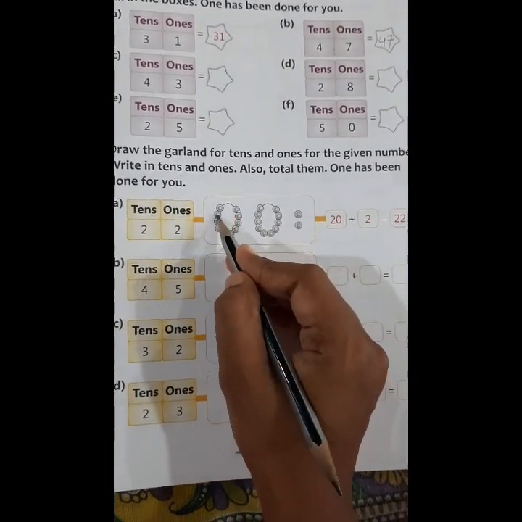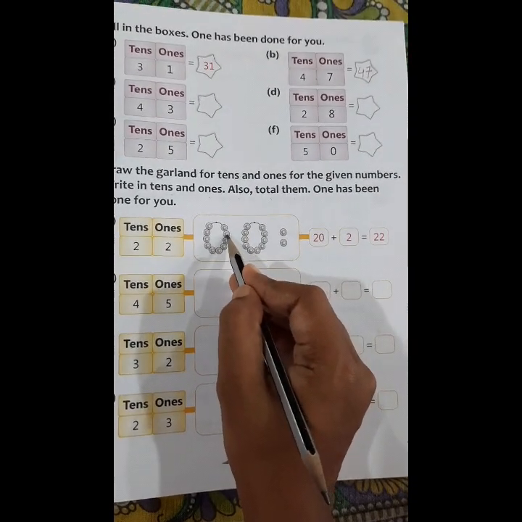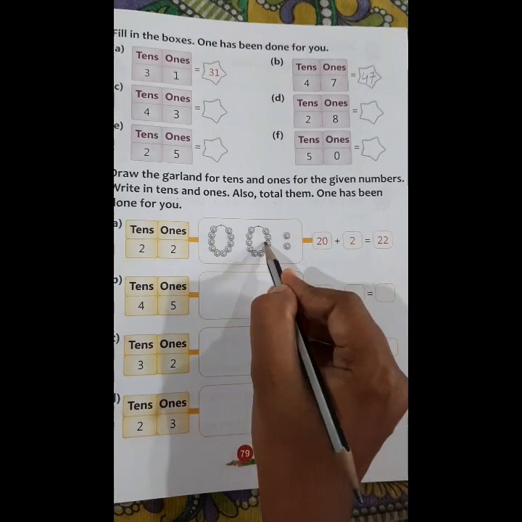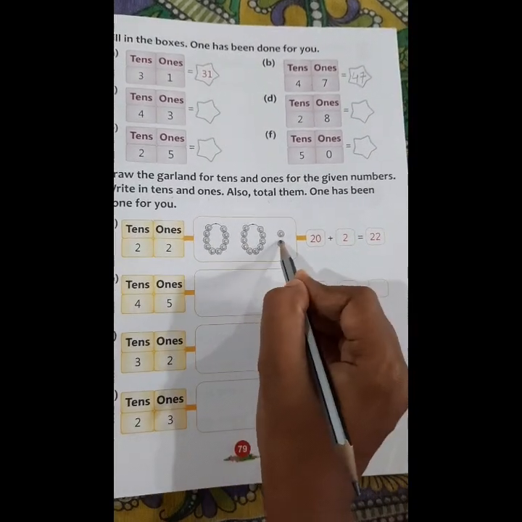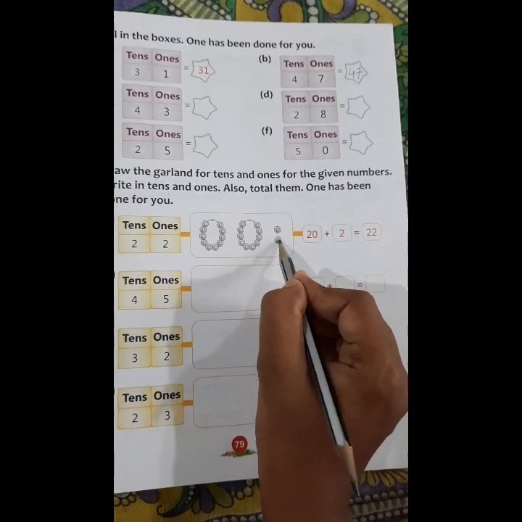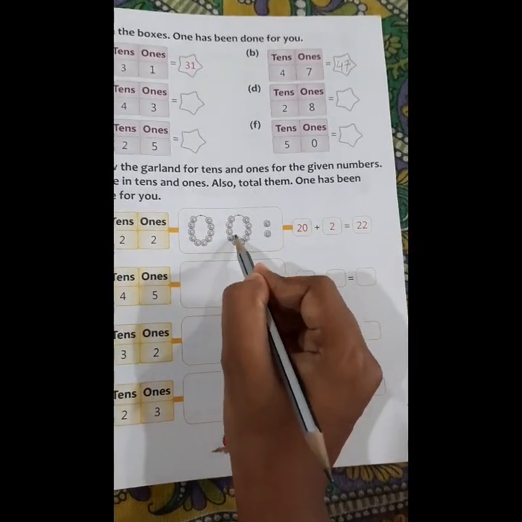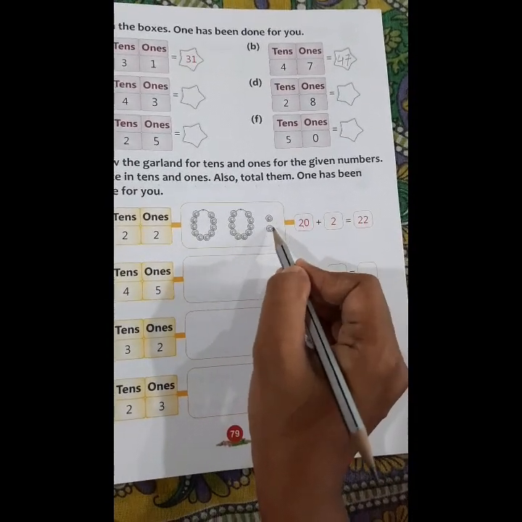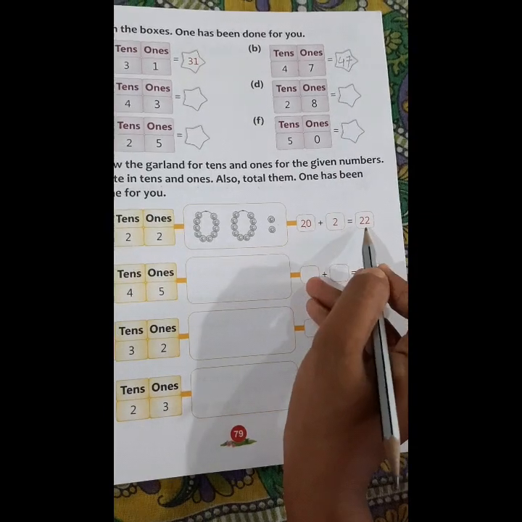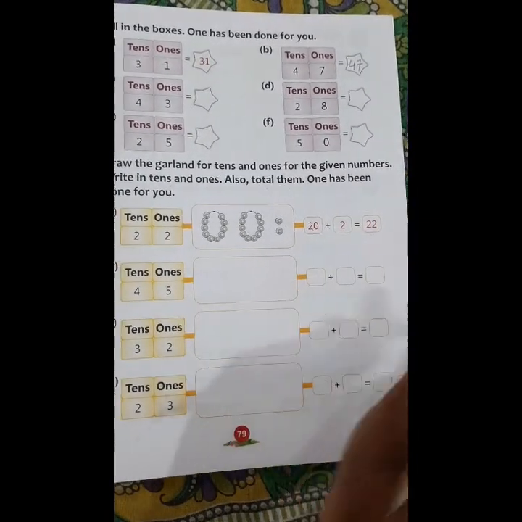So for 10 pearls we have already drawn 2 garlands over here. And 2 are left. 2 ones means 2. So 2 pearls are over here. So 10 plus 10, 20, and the remaining are 2. So 22 is here. Yes.